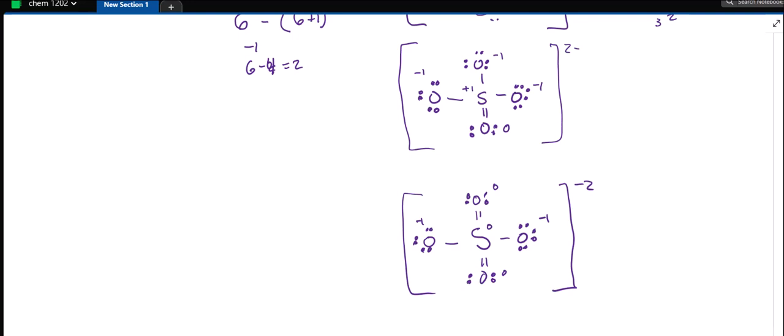Now there's nothing special about which oxygens get the double bond, so this one is actually in resonance with 5 other possible structures that look like this. And so on. You can come up with what the other structures are. But that would be the best structure for sulfate.